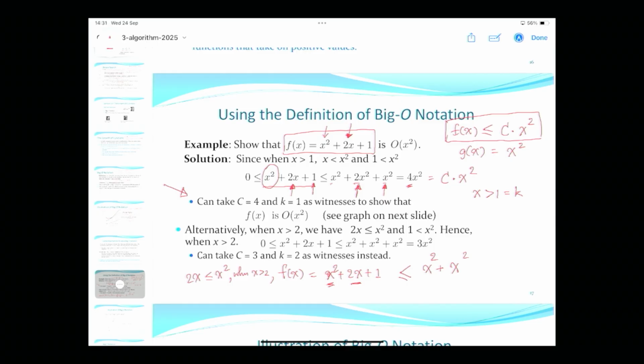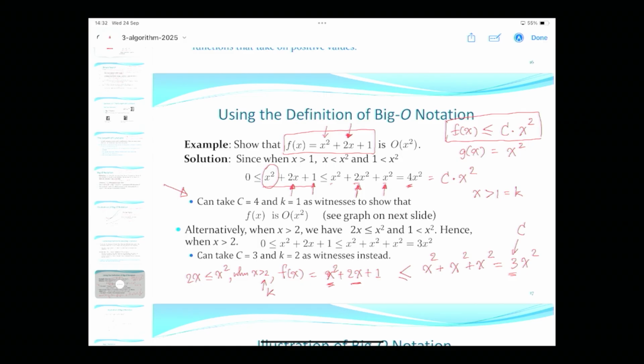When x is greater than 2, then 2x is less than or equal to x squared. So by doing this, what is c? c is 3, and this is k. k is 2. The same result with g(x).